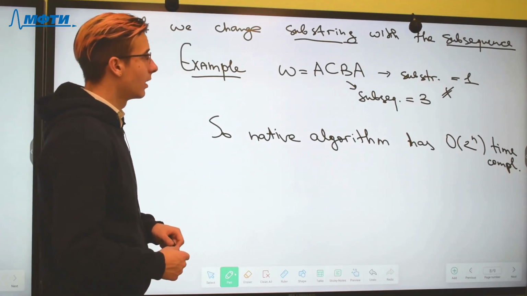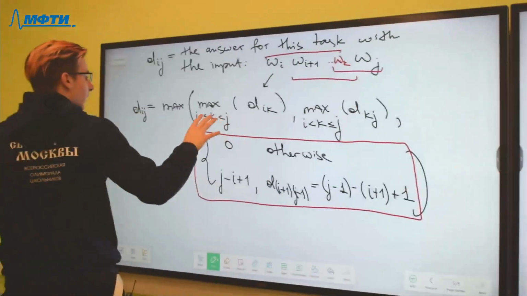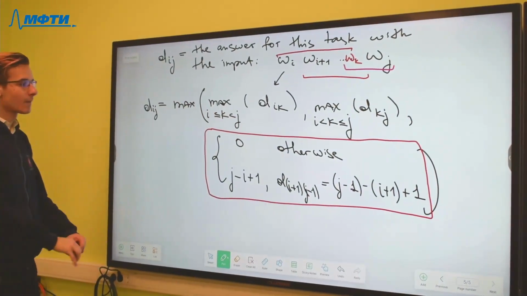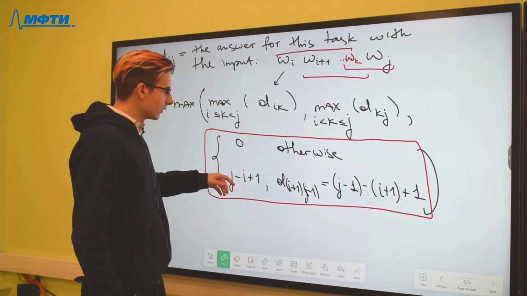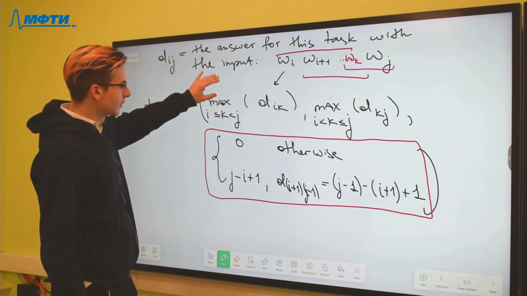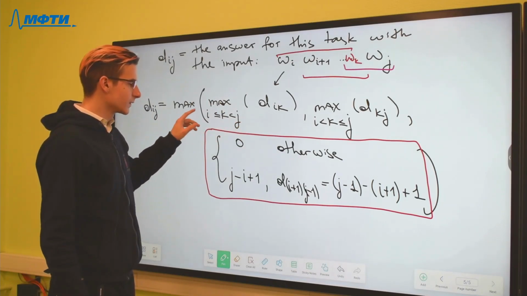But for example, we can look at the recursive formula, and we can change it in some places.